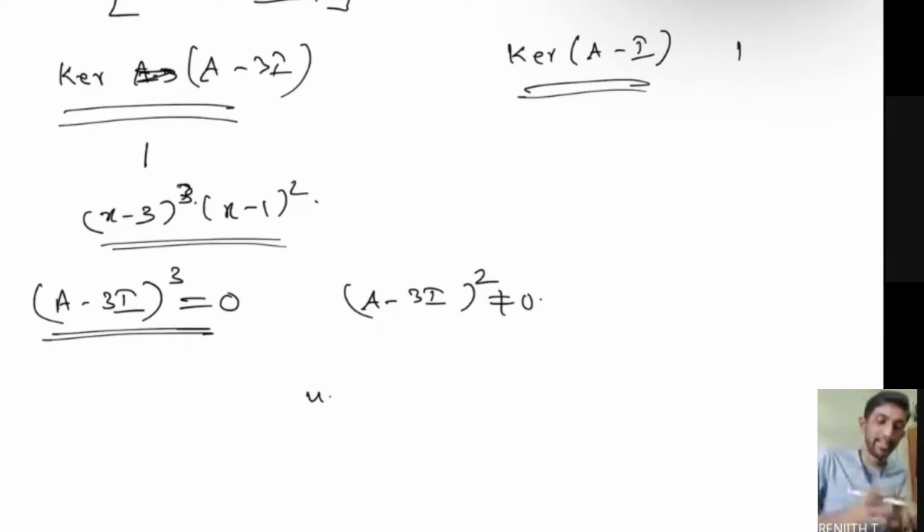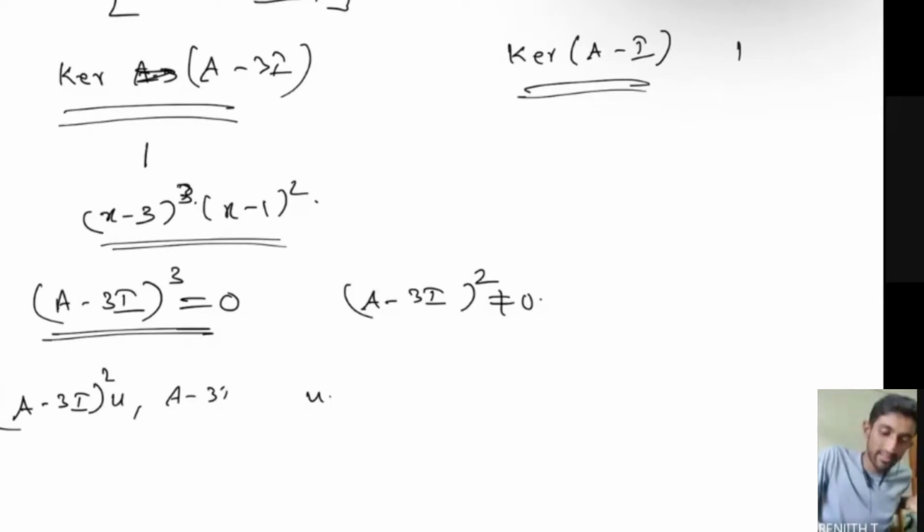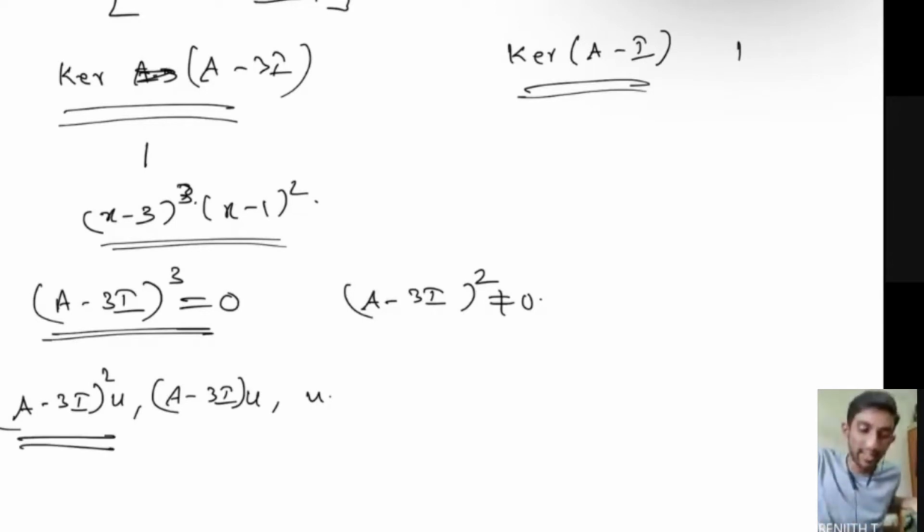Since (A minus 3I) whole square is non-zero, you will get a u such that (A minus 3I) squared u is non-zero, (A minus 3I)u is non-zero, and u. So you will have three elements there. If you apply A minus 3I to the first element, you will get 0. So this is an eigenvector corresponding to your matrix, and the other two are generalized eigenvectors.